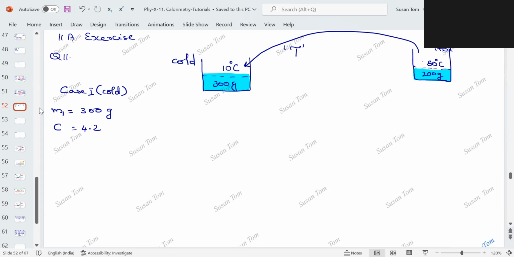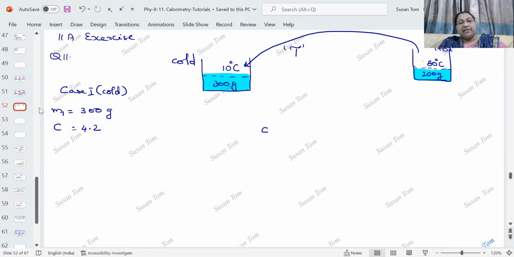The mass given is in gram. So no matter, we know the specific capacity of water is either 4.2 joules per gram per Kelvin, or we can write C is equal to 4.2 into 10 raised to 3. 10 raised to 3 means 1000. That is 4,200. Now it will become this much joules per kg. So what you take is you take this one for per gram because the mass is in gram.